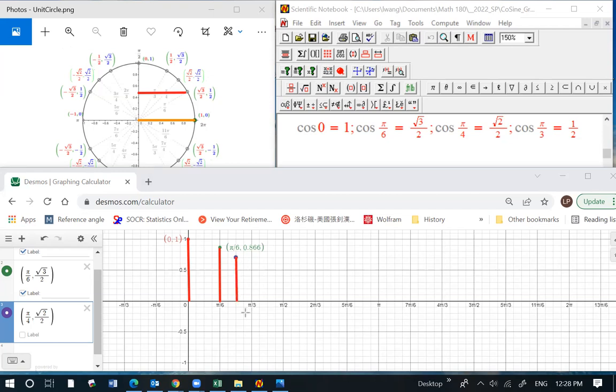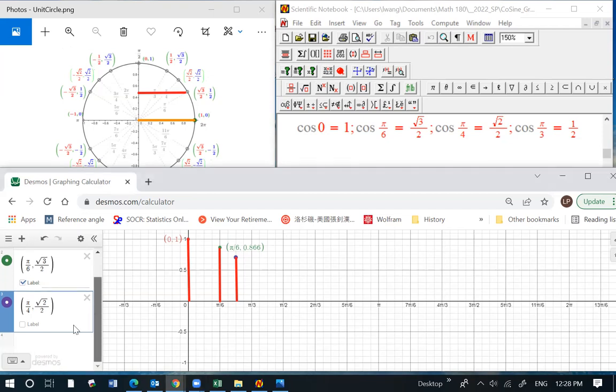So this is just making up the work we left off. And next is pi over 3. This is just to recap what we left off. Okay, so pi over 3, the output is half.